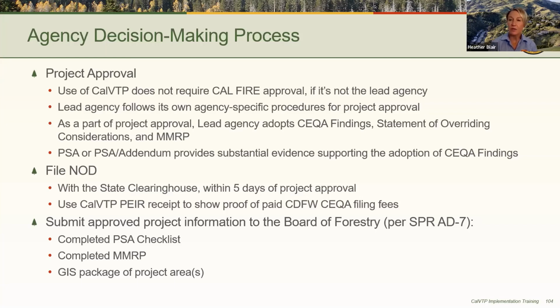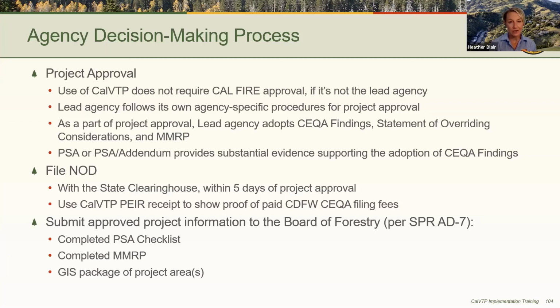It goes on to explain that the public agency shall not decide to approve or carry out a project unless either the project will not have any significant effects or the agency has eliminated or lessened all significant effects where feasible, as shown in the findings, and determined that any remaining significant effects are acceptable because of overriding considerations. And that's documented in the statement of overriding considerations.